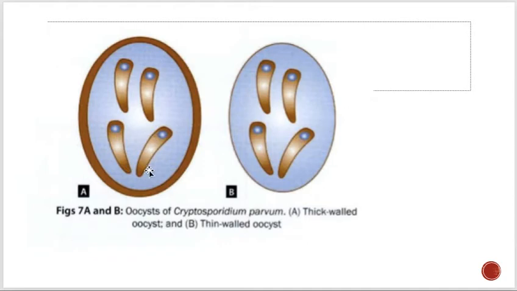So we can acquire the oocyst by consuming shellfish, by consuming contaminated water, or, for example, someone going for recreational purposes like swimming at beaches, where sometimes the water goes into the mouth.